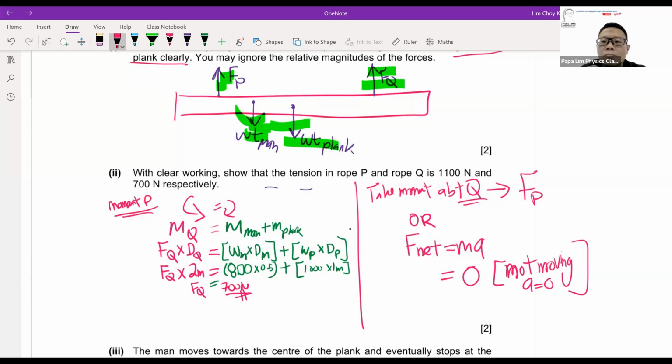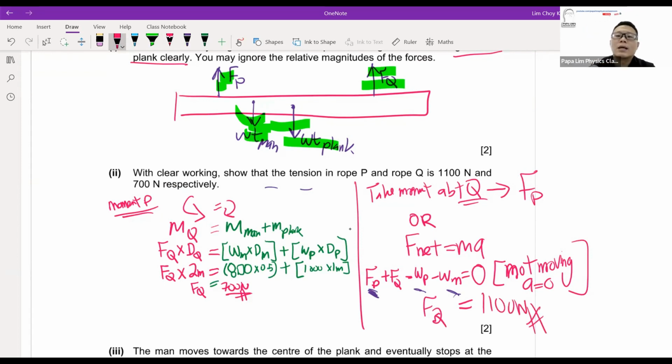So based on the question, it is at equilibrium, which means the upward force and downward force will be balanced. So Fp plus Fq minus weight of plank minus weight of the man should be equal to 0. If you substitute all the numbers, you get Fq to be 110 Newton. Easily done.